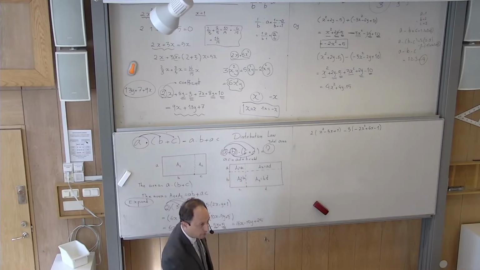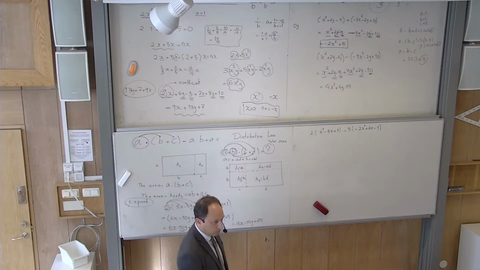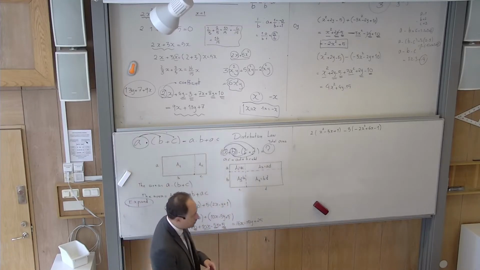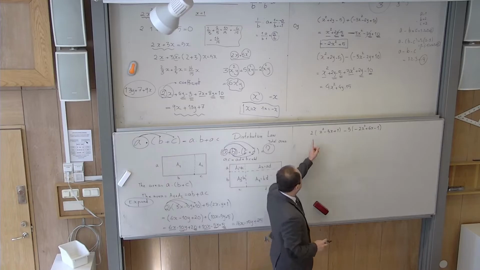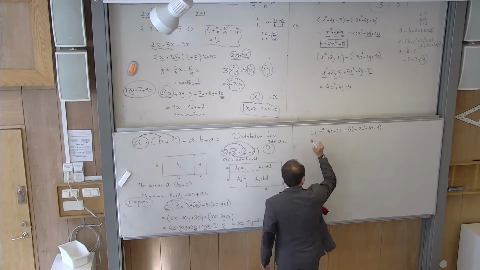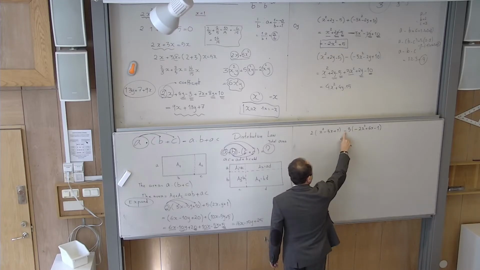The signs, the operations inside the second bracket will change because there's a minus. This is acceptable for me if you write it quickly, but let me just do it patiently like this. So if you want to do it patiently, what do you have? You have an operation of multiplication here. You have an operation of multiplication here. And then you have a subtraction.